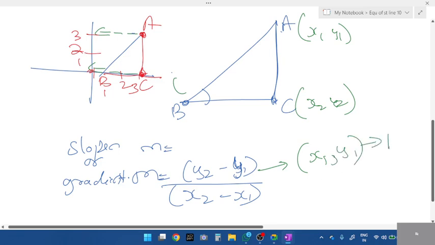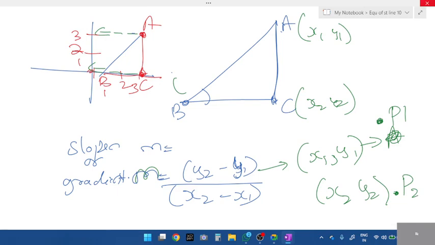This is 1 point, point A, or I'll name it the first point, point 1. Then if I take x2, y2, this is point 2, which means if you want to find the slope or gradient when 2 points are given, this is the formula we use. All of you will make a note, slope and gradient.